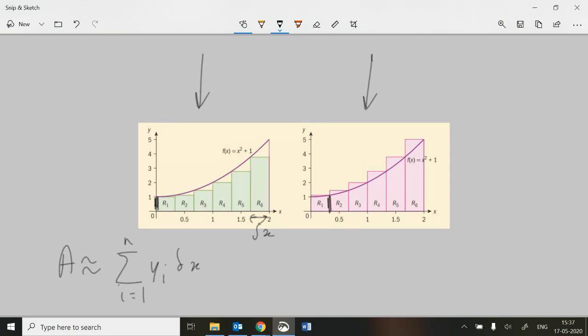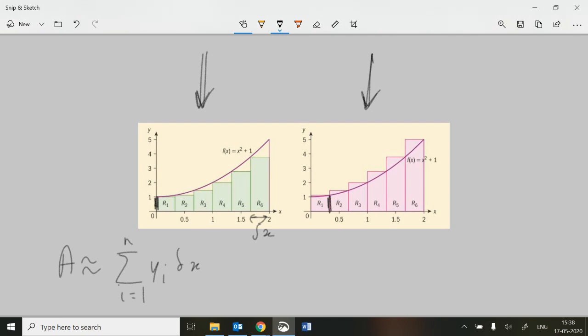So in a sense, it doesn't matter if we use yi to be the first height or the last height in the bar, because we make our bars thinner and thinner. On the first one we would approach the answer from below, and on the second one we would approach the answer from above, but we would approach the answer.